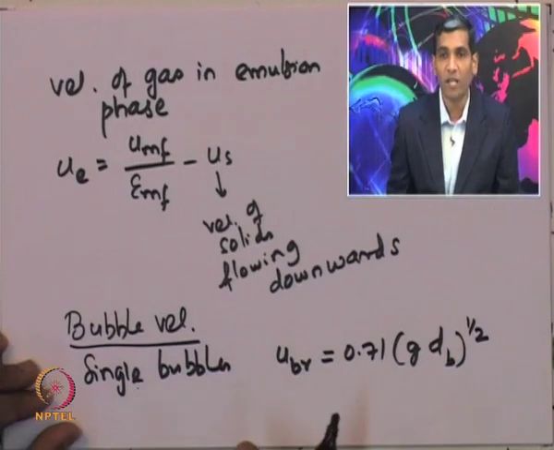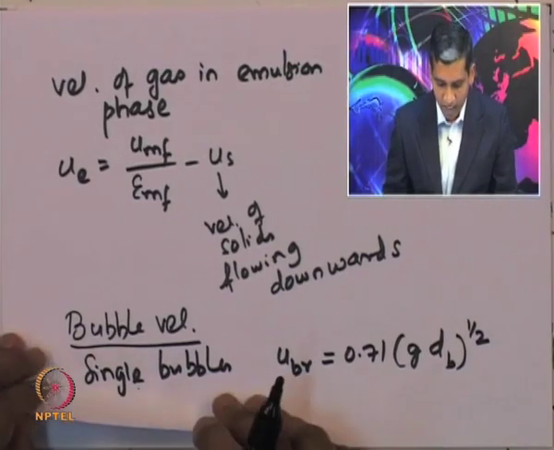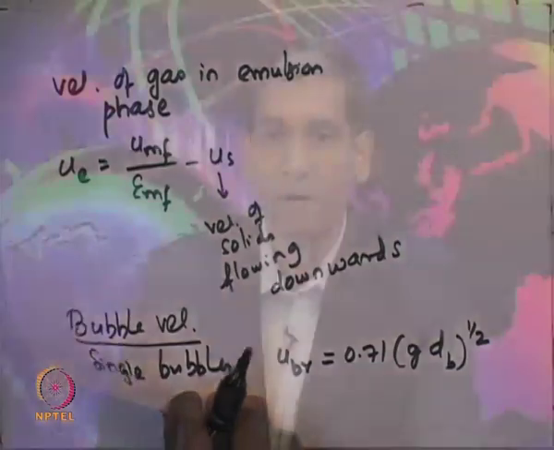So, one needs to know the diameter of the bubble in order to estimate the single bubble velocity. Now, if many bubbles are present, which is typically the case in a fluidized bed reactor, then the velocity with which a bubble rises is going to be very different because of the presence of other bubbles.